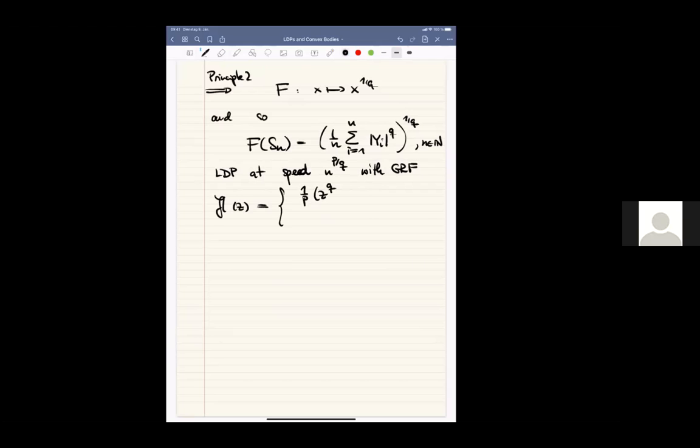We contracted here. You can compute this explicitly now: z to the power p over q, if z is larger than m_p of q to the 1 over q, and it's plus infinity otherwise.